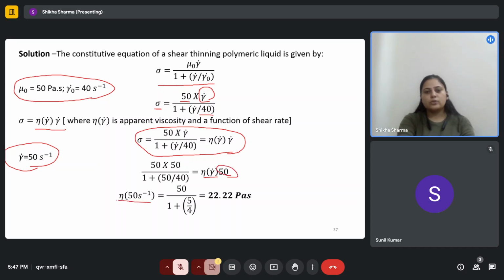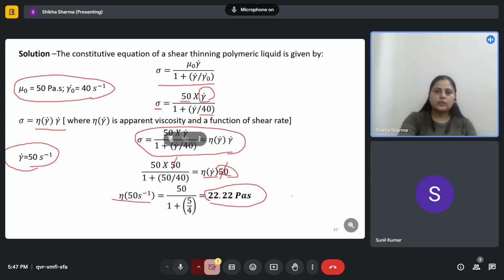So the 50 will cancel with this 50, and it will give 50 divided by 1 plus 5 by 4, which is nothing but 22.22 pascal second as our viscosity. So are you following? Are you getting this answer?